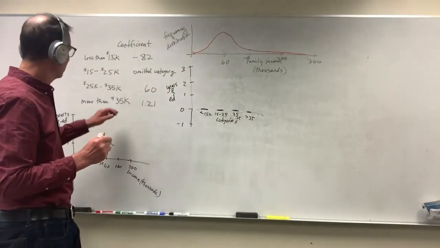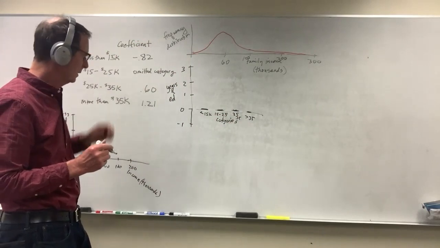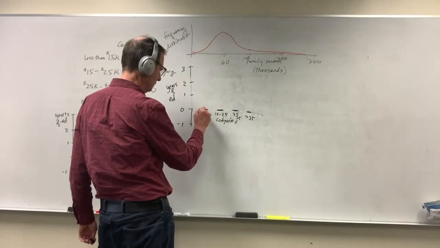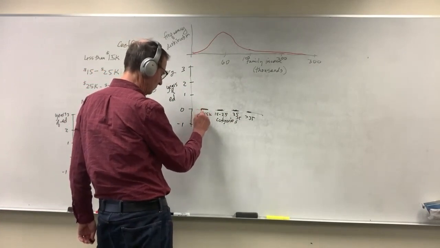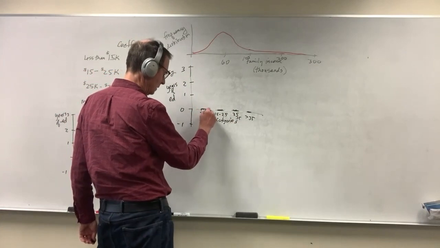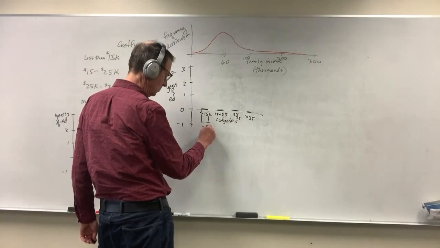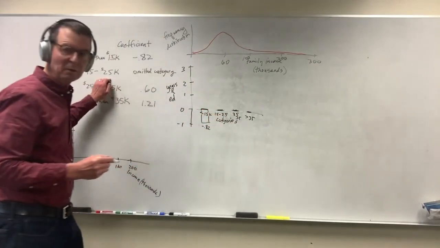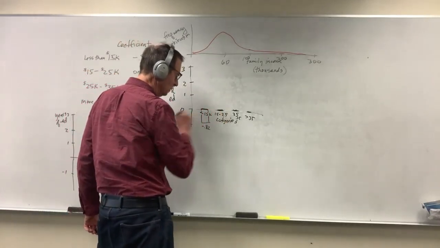And what we know is that the coefficient for being in the lowest income category is minus 0.82. So if you think about this as a bar graph, right? It's coming down about this far, right? This is the minus 0.82. And then because 15 to 25 is the omitted category, that's just at 0.